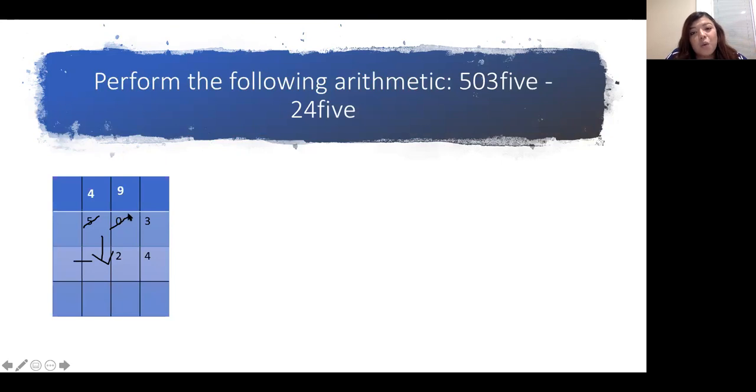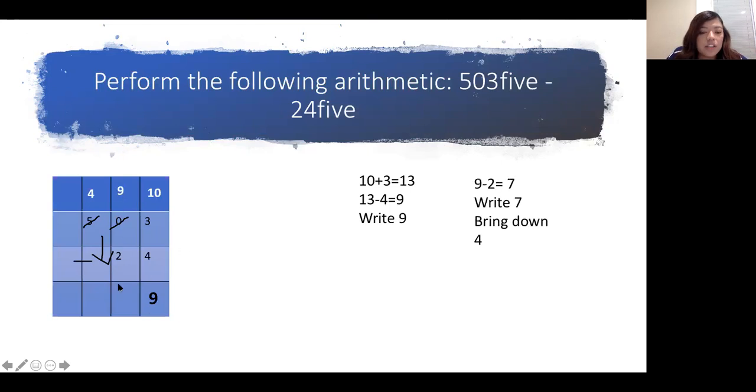So now we take 1 away from him, so it leaves him with 9, and we go ahead and bring over our set to us. So then we do 10 plus 3, which is 13, minus 4, which gives us 9, so you bring our 9 down. And then you do 9 minus 2, which is 7, and then there's nothing to subtract from 4, so you bring your 4 down.